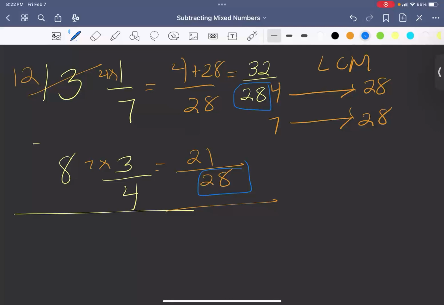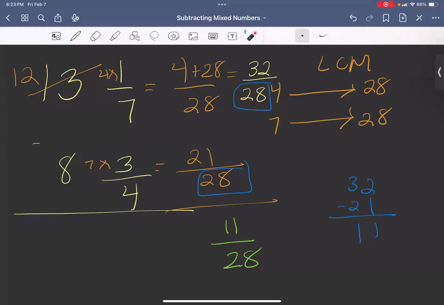So now we can subtract the numerators, 32 and 21. So 32 minus 21 is 11. So we get 11 over, we keep the same denominator, 28.